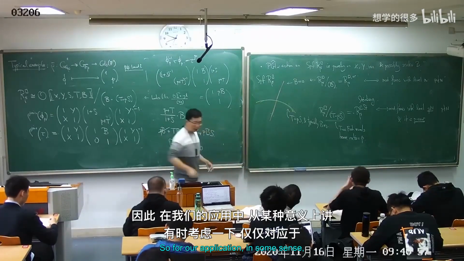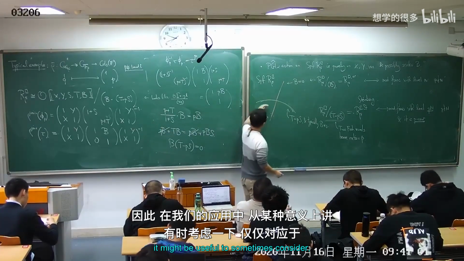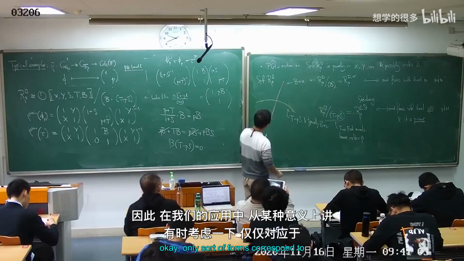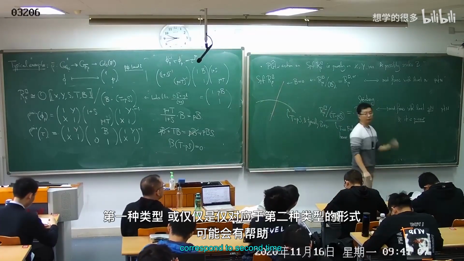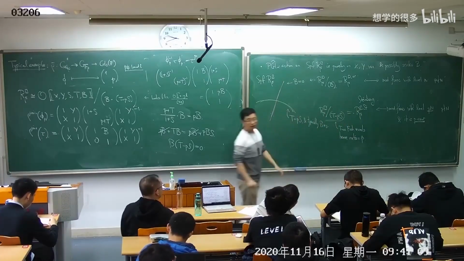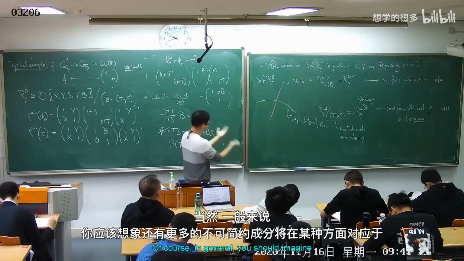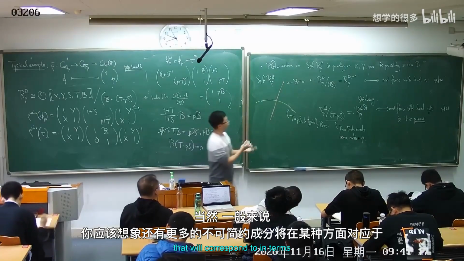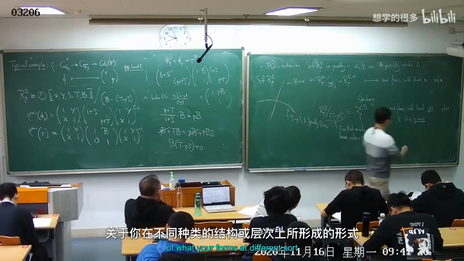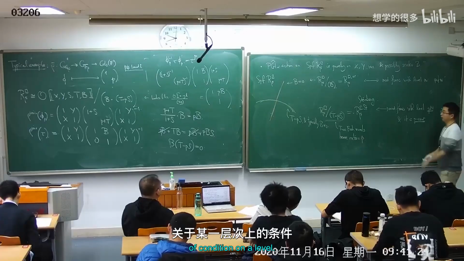For our application, it might sometimes be useful to consider only forms corresponding to the first type, or only forms corresponding to the second type. I'm just taking an example to illustrate this. Of course, in general, you should imagine there are more irreducible components that will correspond, in terms of modular forms, to different structures or conditions on the level.